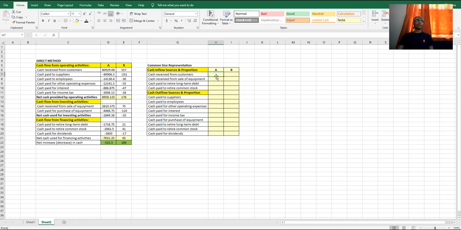And in the list of outflows, we bifurcate the magnitude, or the contribution of each of these line items in terms of percentages. Now first we calculate the total cash inflows and total cash outflows for A and B. Okay, let us segregate it in a different way.